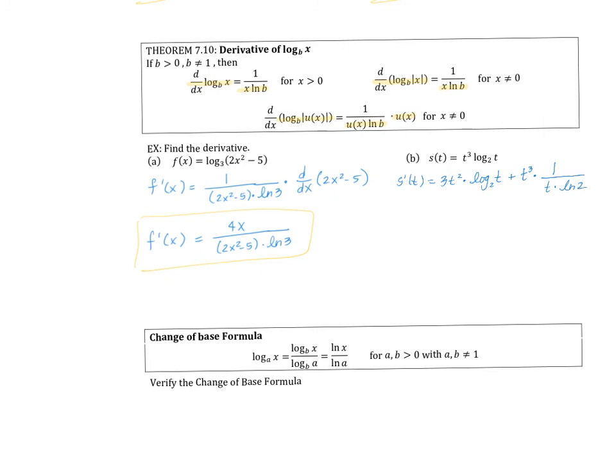Okay, so I don't know if you can see this, but we can reduce by a t, and then we can put all this together as the derivative of s is equal to 3t squared times log base 2 of t plus t squared over natural log of 2.